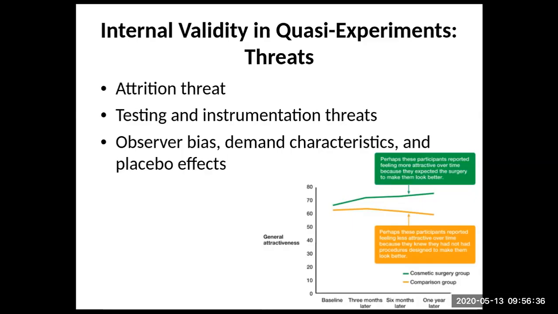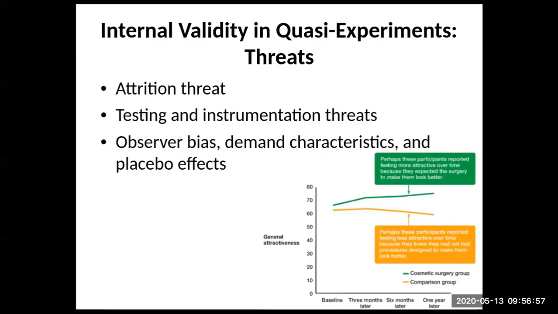Of course, we have observer bias, demand characteristics, and placebo effects, right? So those in the study, if the researcher has a theory that participants should be feeling more attractive, they may see the ratings as more attractive or may give that away.